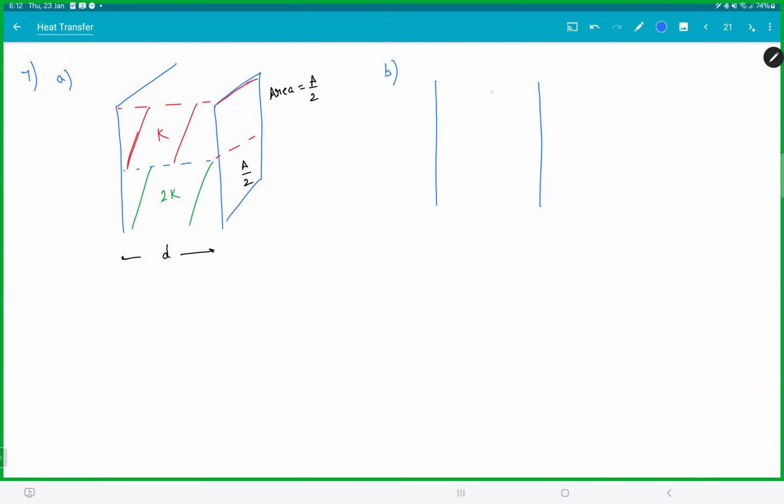Same thing. This time the left half is filled with K, the right half is filled with 2K. This is d by 2, this is d by 2. Area of the plate is A. And the diagram would have looked like this.